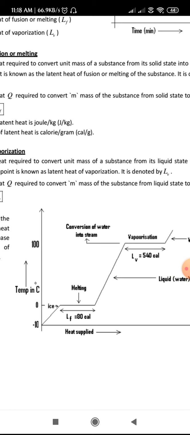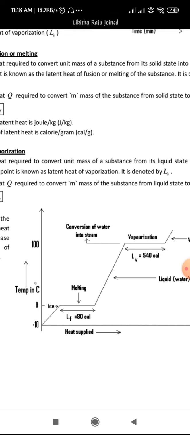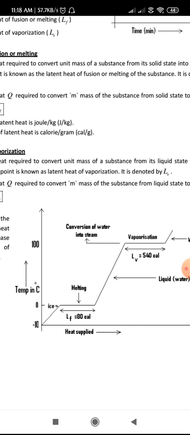So you can see there, suppose you take ice which is at minus 10 degrees Celsius, and you are supplying heat to that. So that ice gets converted into water. When you supply the heat continuously, what happens? That ice gets converted into water. Before converting into water, what is the initial temperature of the ice?